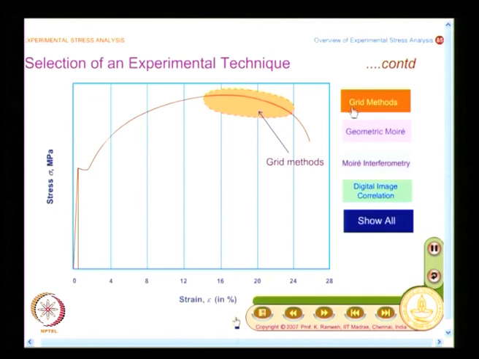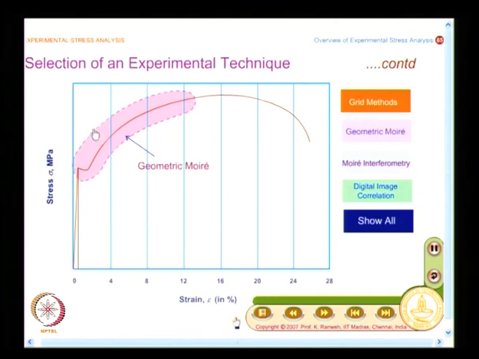And when you come to geometric moire, I would have it somewhere here. This is how I will be able to do this, and if I want to lower this, then I can go for Moire interferometry. And what you need to worry about is this end point and start point.